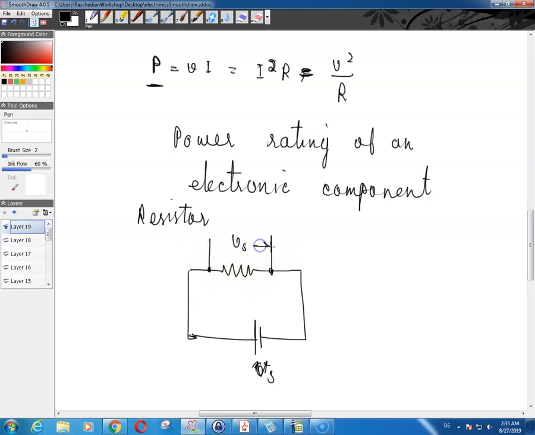So V_S is the same V_S you have over here, and of course you have some R over here.